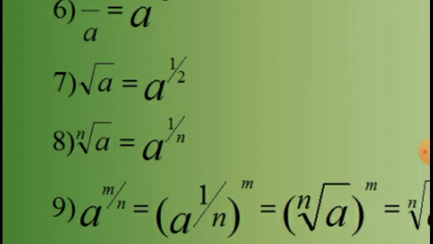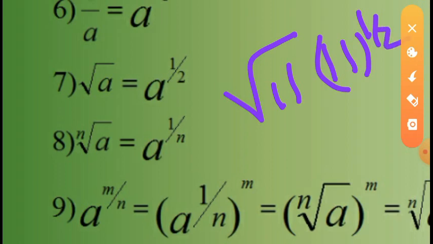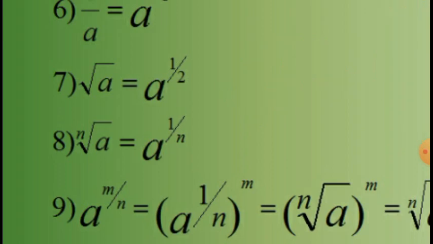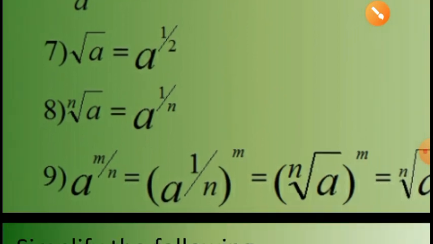If it is square root of 11, I can write it as 11 raised to 1 by 2. Then, in a similar manner, if it is nth root of a, I can write it as a raised to 1 by n. Suppose it is cube root of a, then I should write a raised to 1 by 3. Is that clear? Okay. Now next.